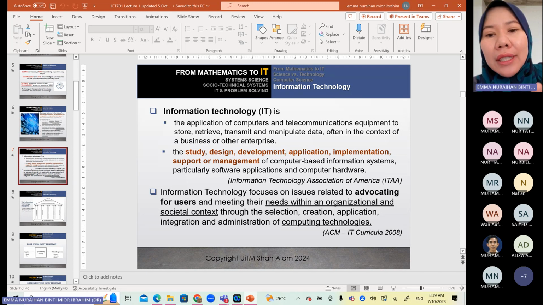So the foundation of information technology and computer science comes from the fundamental of mathematics. Do you agree with that? Even if you are in engineering, first and foremost, you need mathematics qualifications. Why? Why is maths so important? Why is science subject so important when it comes to computer science?